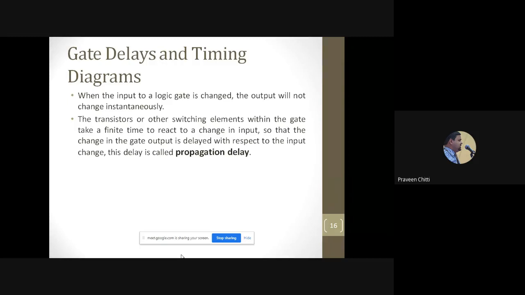Can anybody define what is propagation delay? Yes, Akash, can you define what is propagation delay? Yes, Akash Desai, you are there?